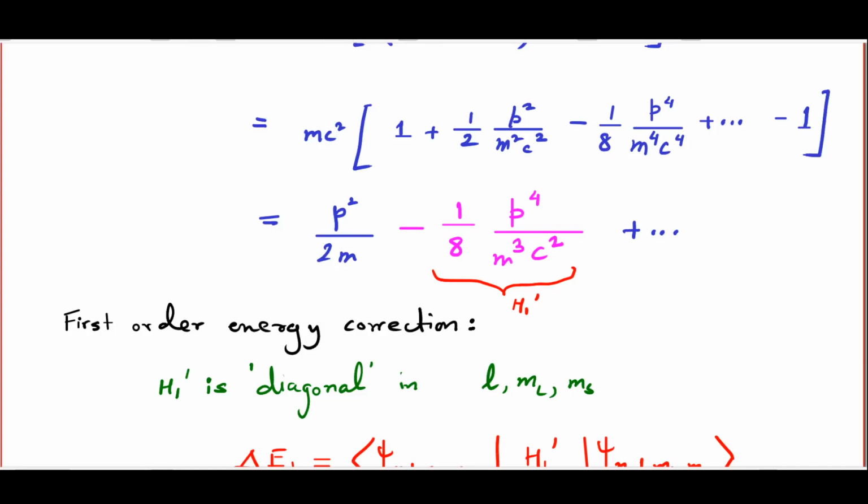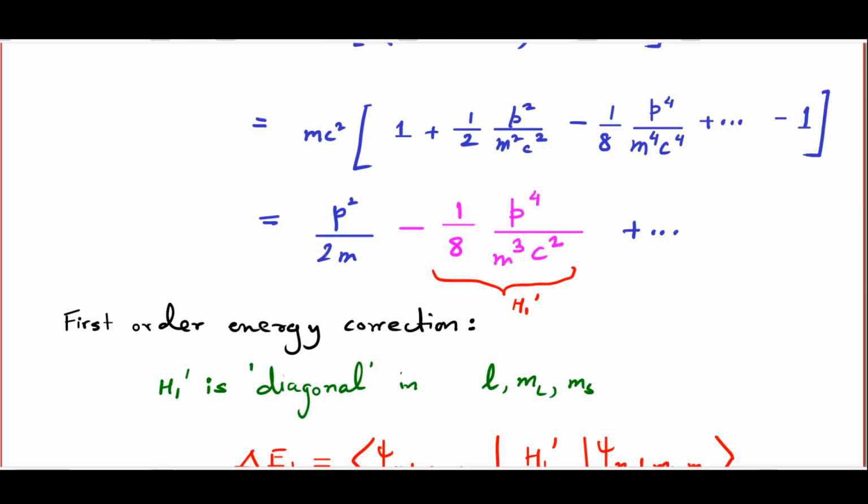Just to point out, any two different wave functions in this basis will differ in either L or Ml or Ms, so that means it will differ in at least one eigenvalue of an operator which commutes with H1 prime.